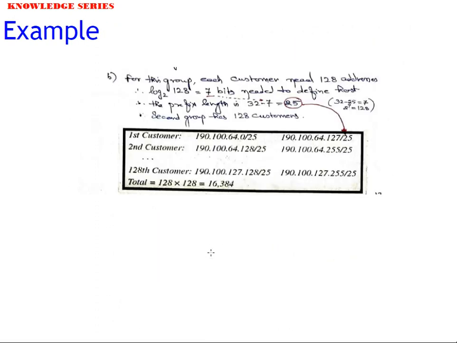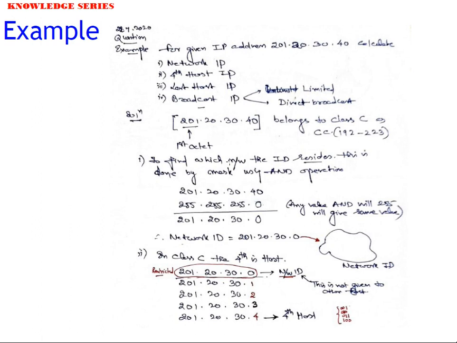Now we go to the other one, that is the broadcast IP. The broadcast IP is of two types. One is the limited type, another is the direct broadcast. Limited type means it will broadcast within the network.